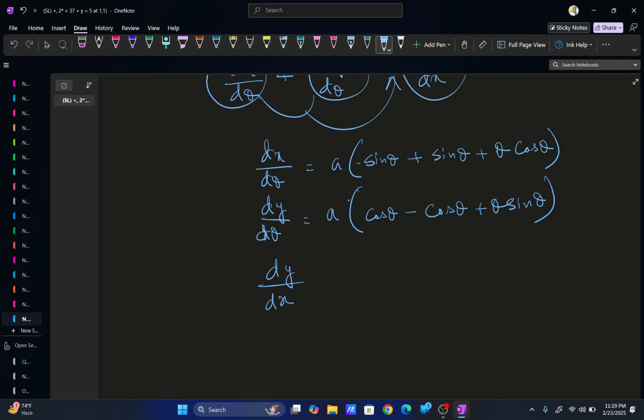Okay, so we eliminate these two terms. So dy by dx is basically a theta sin theta by a theta cos theta. So this is actually tan theta.